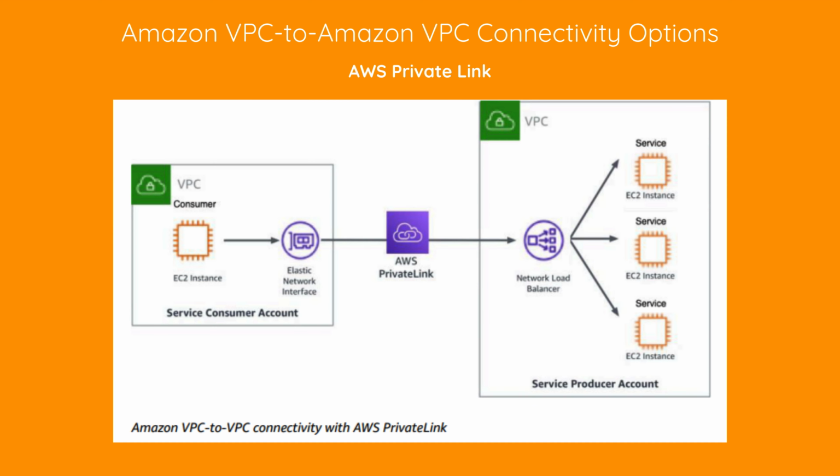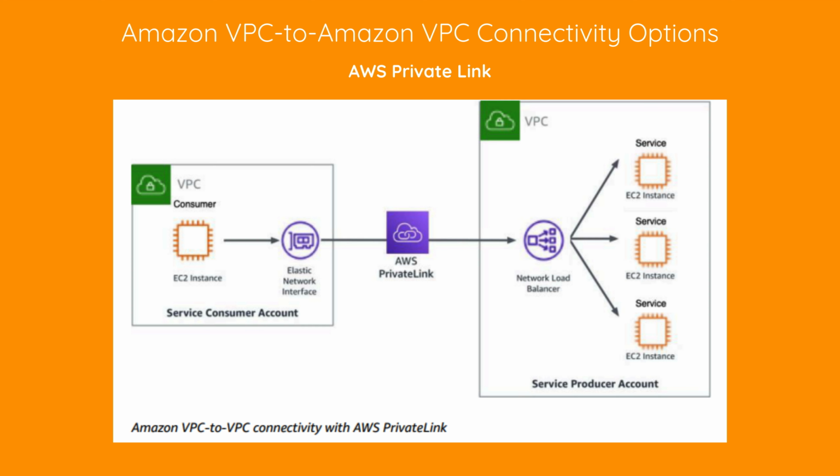AWS PrivateLink supports connectivity to specific AWS services, services hosted by other AWS accounts known as endpoint services, and supported partner services in the AWS marketplace, all via private IP addresses within your VPC. To use PrivateLink, first identify the service you want to access.